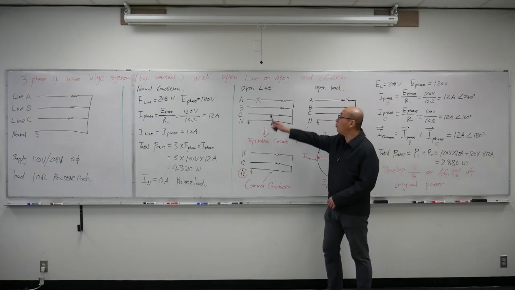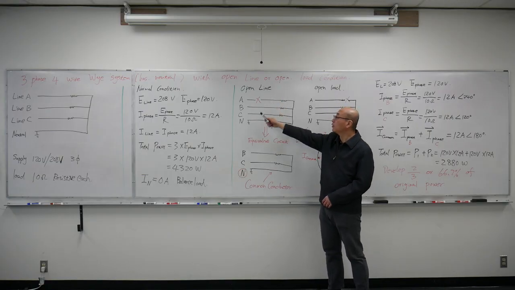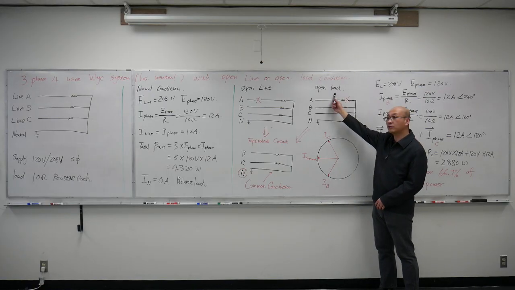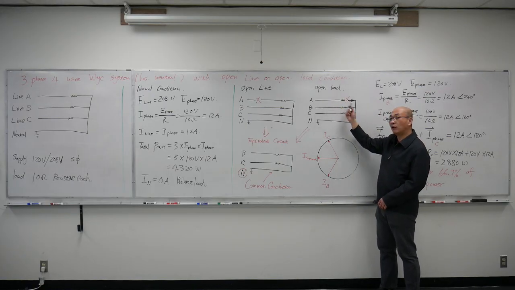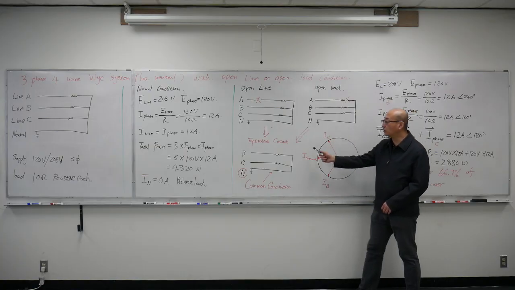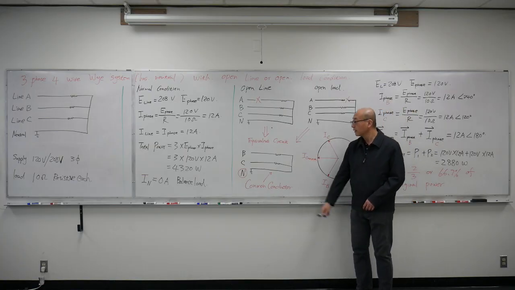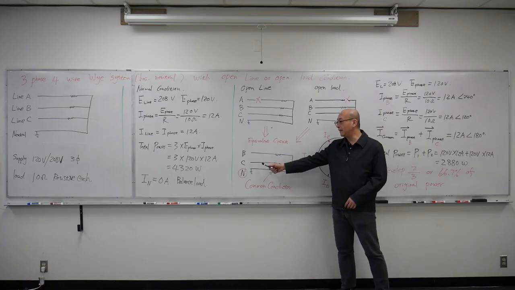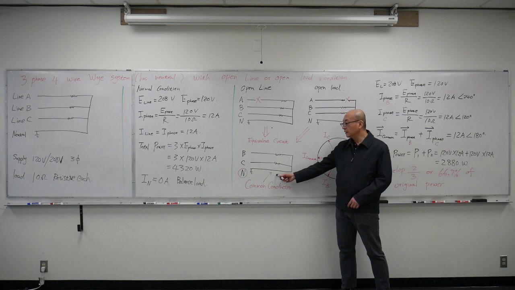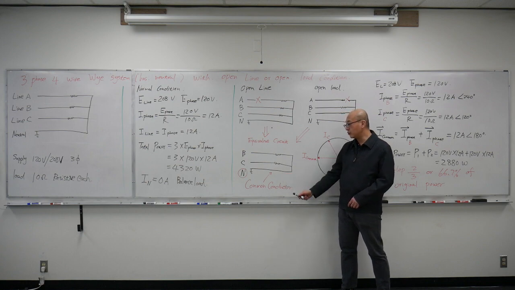Now we're going to have an open line situation, which is a line open down here, or an open load situation, where one of the loads is open. When those situations happen, we can draw the equivalent circuit. We still have the two lines B and C working, but because the original neutral conductor is in there, in this case the neutral becomes the common conductor.